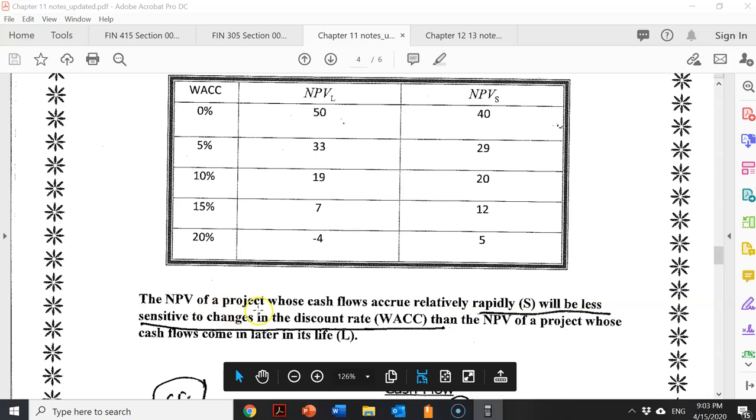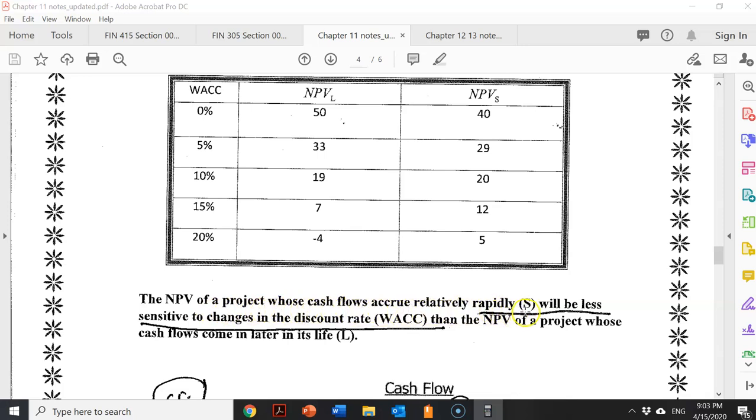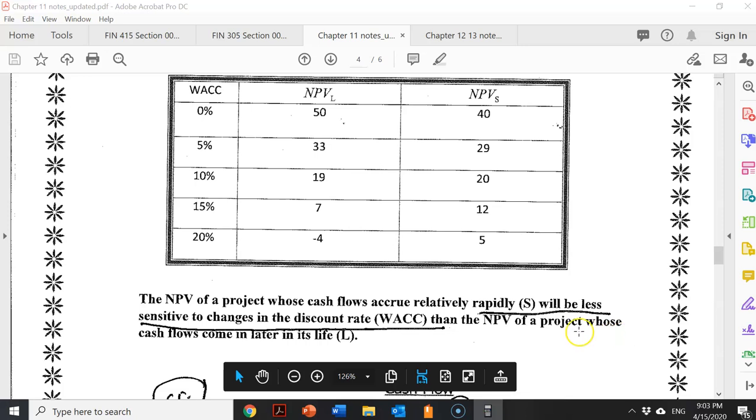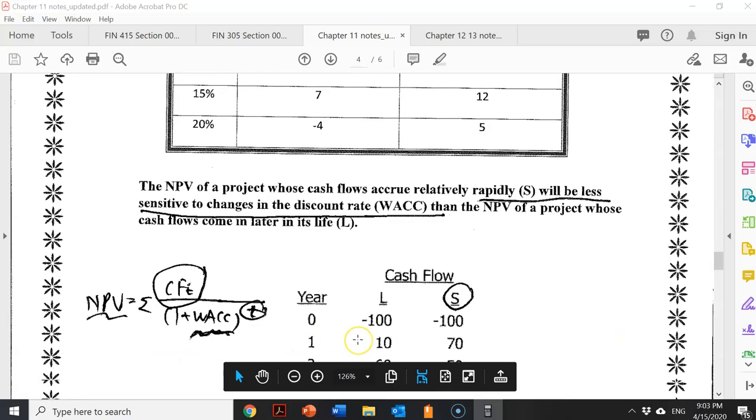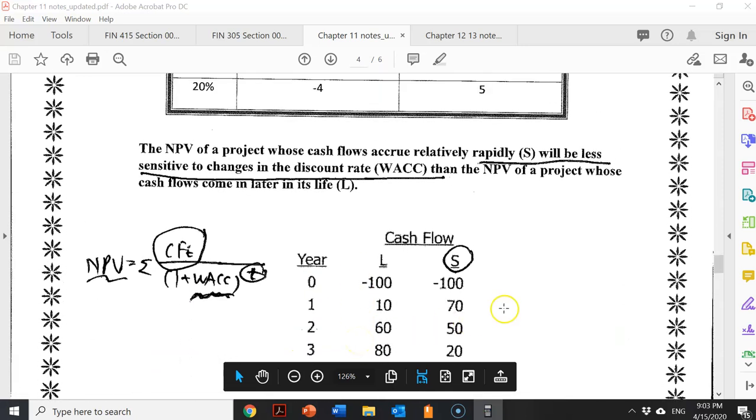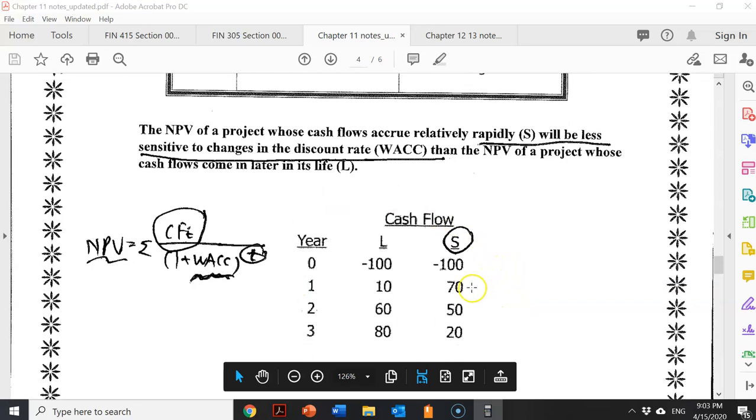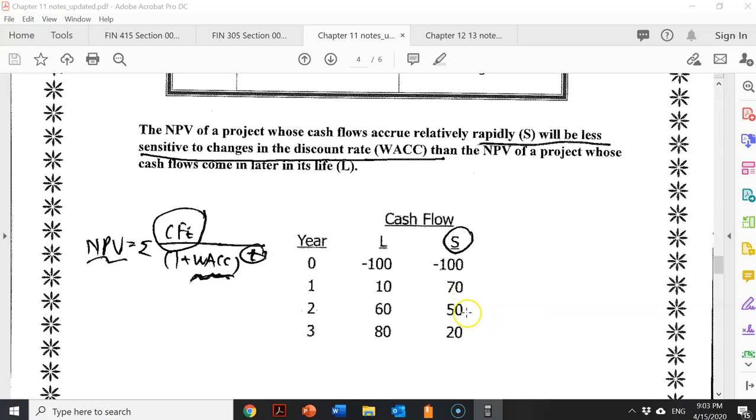The NPV of a project whose cash flows accrue relatively rapidly, like S, will be less sensitive to changes in the discount rate WACC than the NPV of a project whose cash flows come later in its life. So you can see for project S, we have more money coming in the first year and second year, 70, 50.